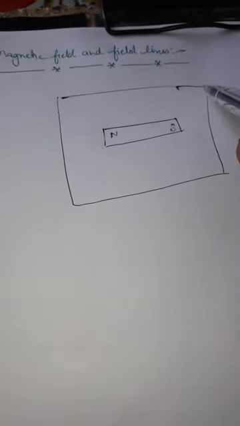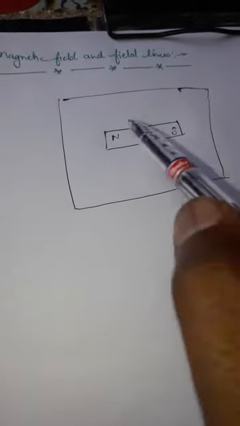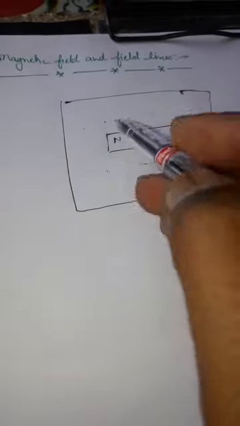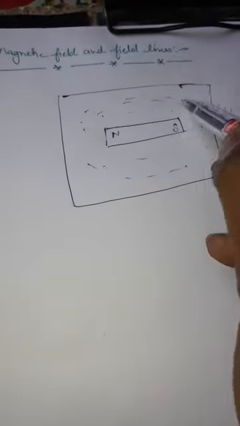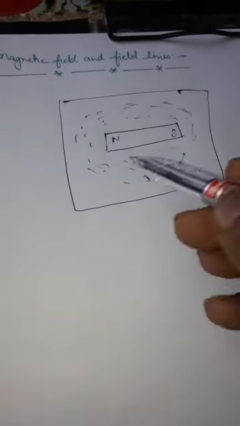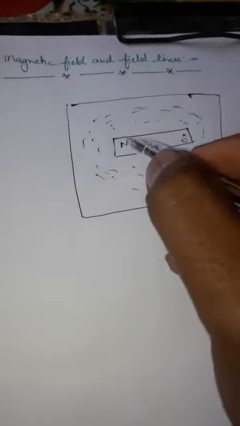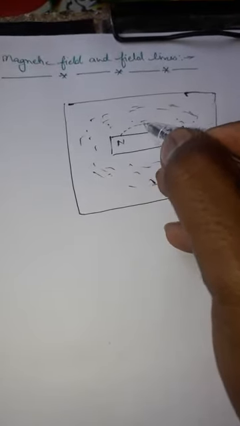For example, if we have a bar magnet like this having two poles, north and south, and this magnet is placed on a cardboard placed horizontally, and then we spread the iron filings around this magnet on the cardboard, then we see that these iron filings arrange themselves in a particular manner like this.